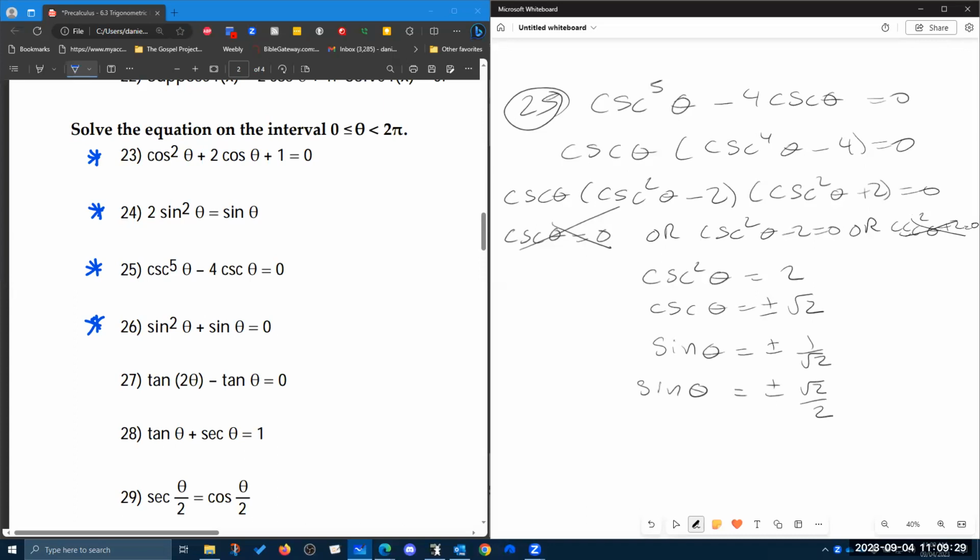So those are all of the reference angles of pi over 4 on the first revolution. So that's going to be at pi over 4, 3 pi over 4, 5 pi over 4, and 7 pi over 4.